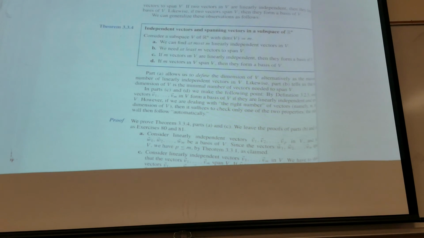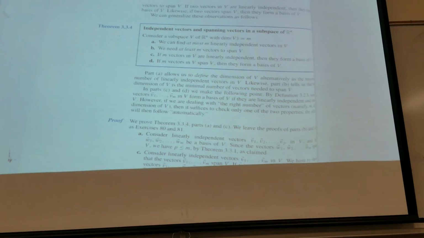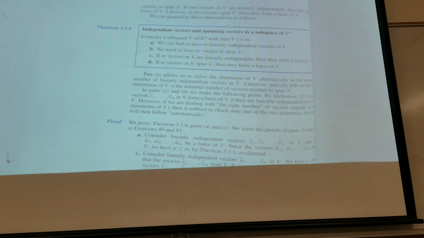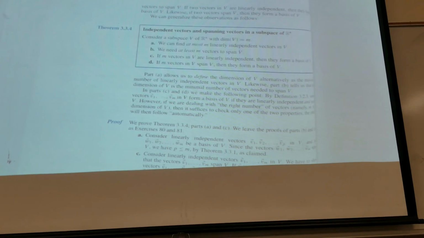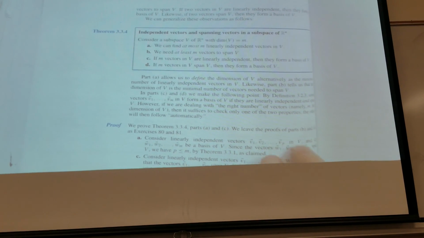Otherwise, we can delete one. So at least one of them will be redundant. Then we can delete that one. You will have fewer than m vectors still spanning a subspace V of dimension m. That's contradicting part B.